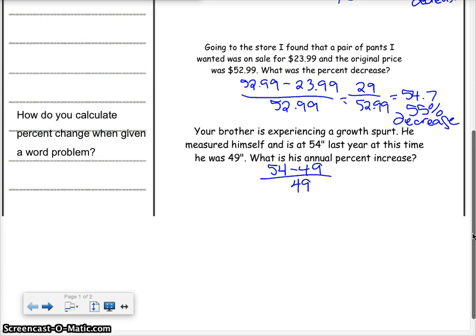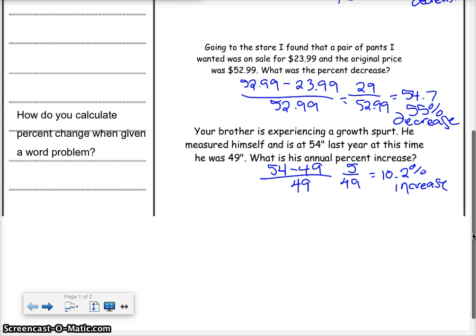He didn't shrink. He started out at 49. So 54 minus 49, 5 over 49 is like a 10.2% increase in his height.